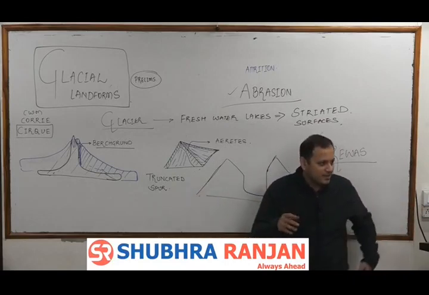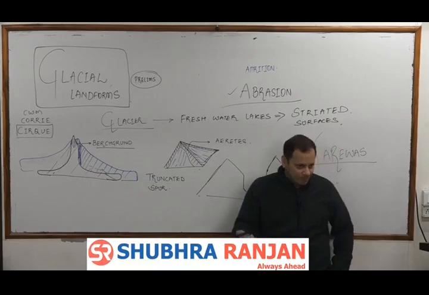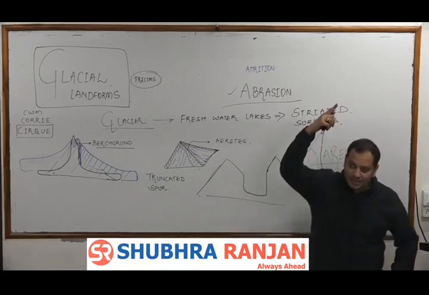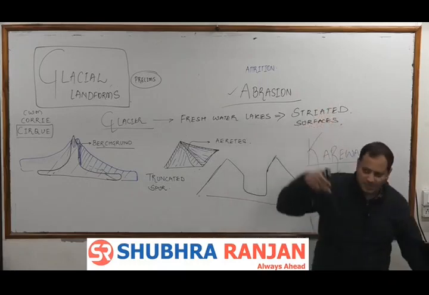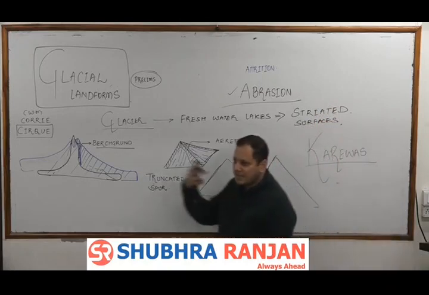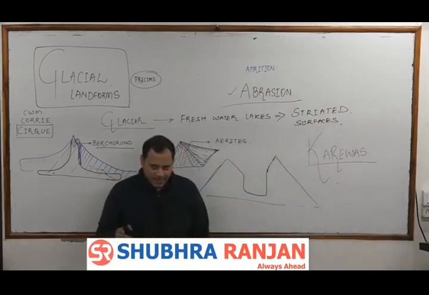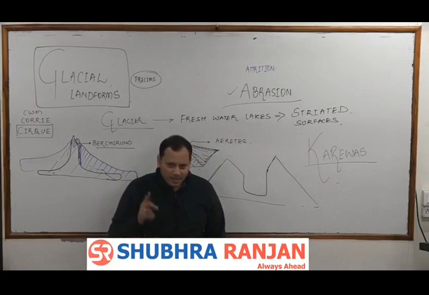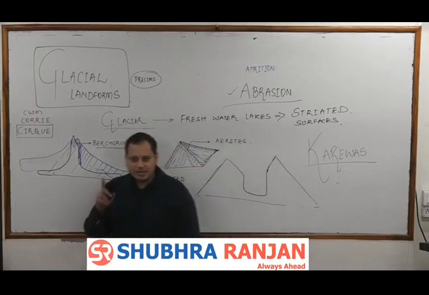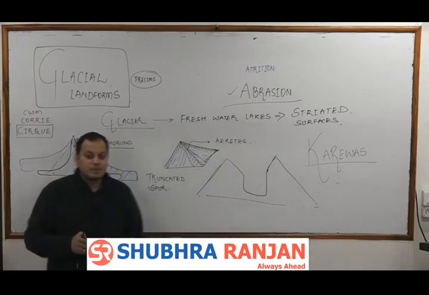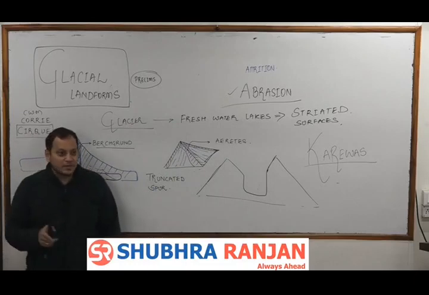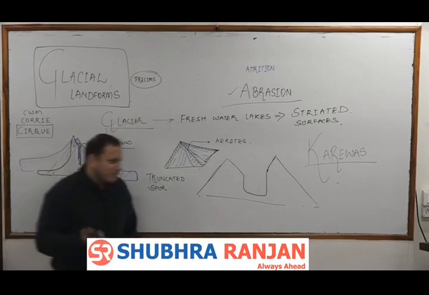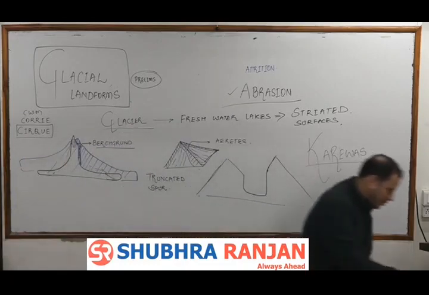Yamuna क्या है? Tributary glacier. Yamuna is a tributary of river Ganga. In the higher reaches, it is flowing as a glacier. फिर नीचे आते आते temperature बढ़ जाता है and therefore it starts melting. Right? So can we say there is a main glacier and the tributary glacier? So which will be bigger? Main glacier or the tributary glaciers? Main glaciers. So main glaciers will be bigger than the tributary glacier.